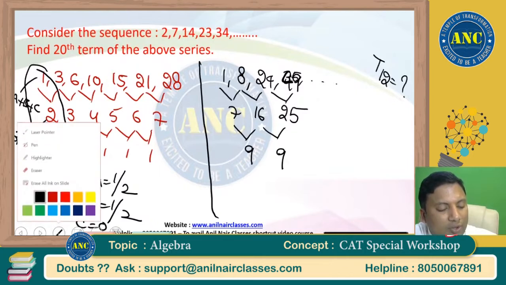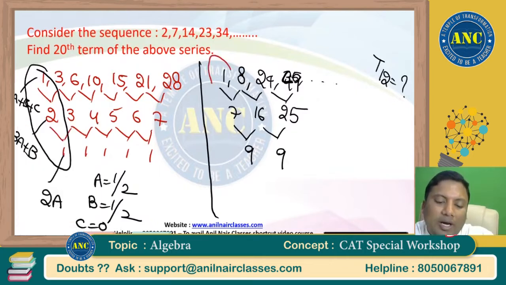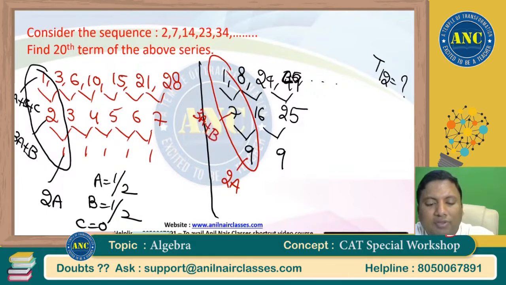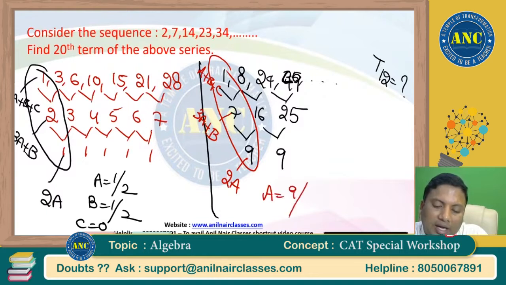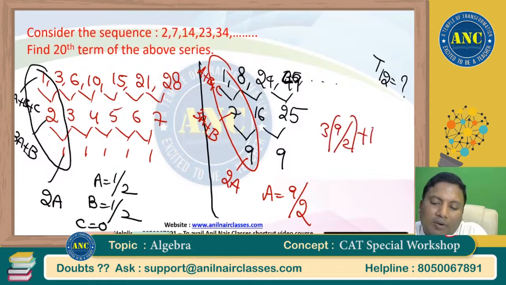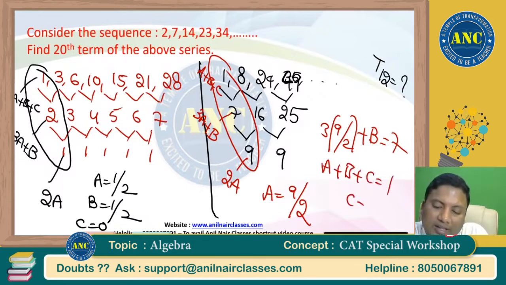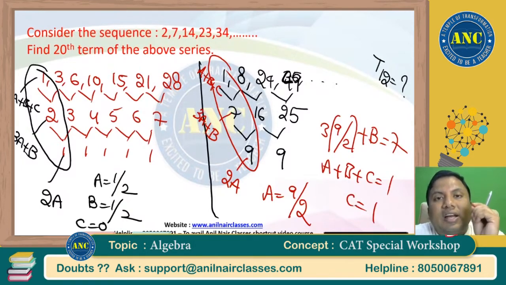So what will be the value of A, B and C? Only take the leftmost values. This is 2A, these nothing but 3A plus B, these nothing but A plus B plus C. All the values you will get. So A is nothing but 9 by 2. So 3 into 9 by 2 plus B is equivalent to 7. You will get the value of B. A plus B plus C is 1. From there you will get the value of C. I hope it is clear how you will get the values.